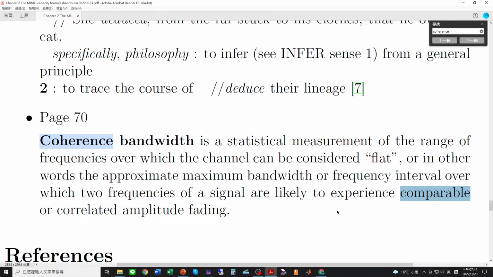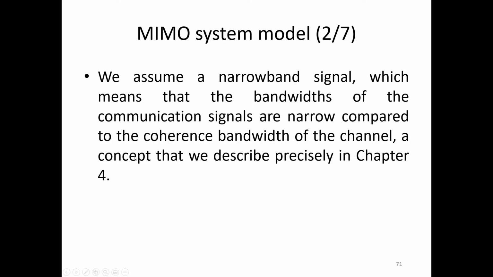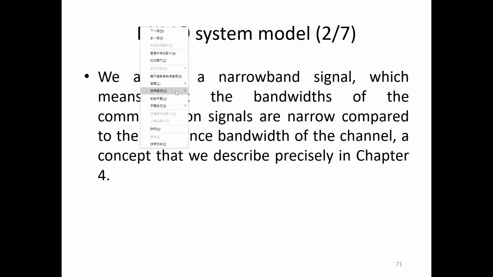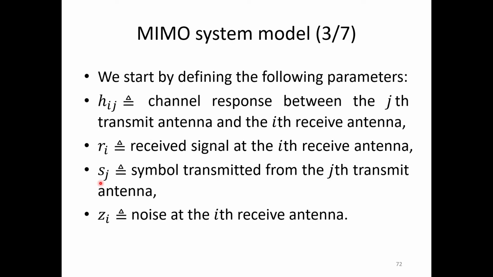That means the two things are similar in size. 也就是说呢，两个东西它的大小呢是差不多的。Okay, this is the meaning of comparable. Coherence bandwidth of the channel is a concept that we describe precisely in Chapter 4.